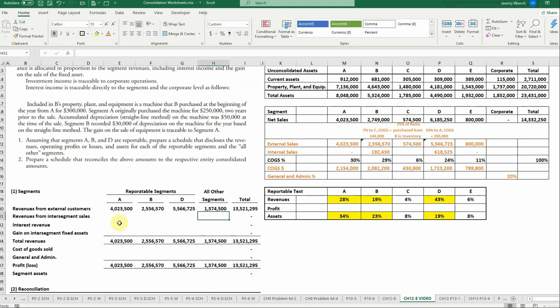Now we want to enter the inter-segment sales. So A didn't have any. B, 7% was internal. And D, 10% was internal. And so for all the other segments, they didn't have any.